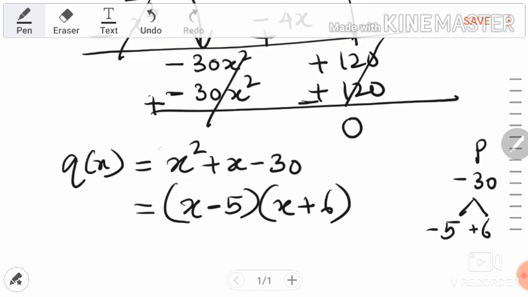This can be done only when the coefficient of x square in the quadratic polynomial is 1. When a is equal to 1, then only this method is applicable, where you can write the factors directly.